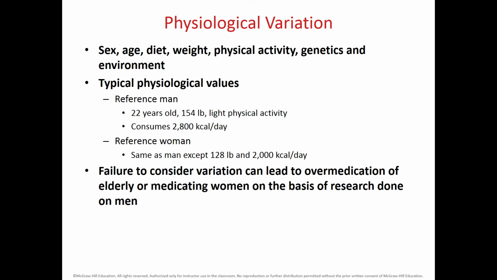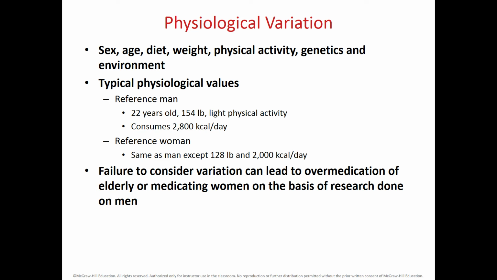Now, physiology is the study of the function of the structures in our body. And just similarly as for anatomical variation, you can expect to have physiological variation, or differences in function of the structures of our body.